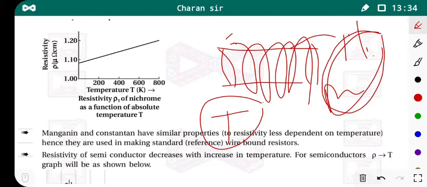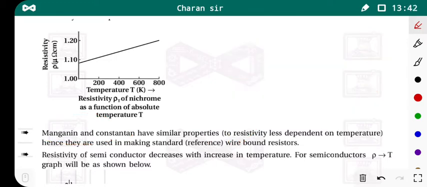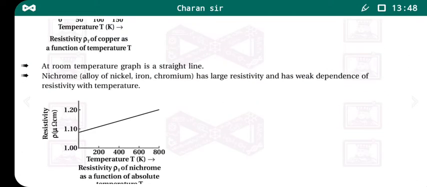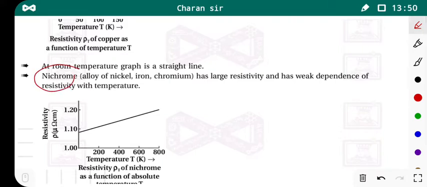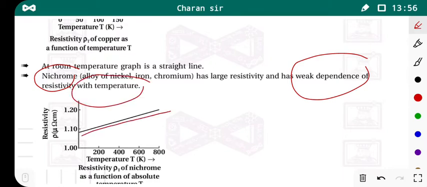Because of that, alloys like manganin, constantan and nichrome are used for wrapping the wire in a wire-bound resistor. Is it okay? So in short, the resistivity of nichrome or manganin-like alloys has a weak dependence on temperature. That means the change in resistivity is very small compared to the range of temperatures.